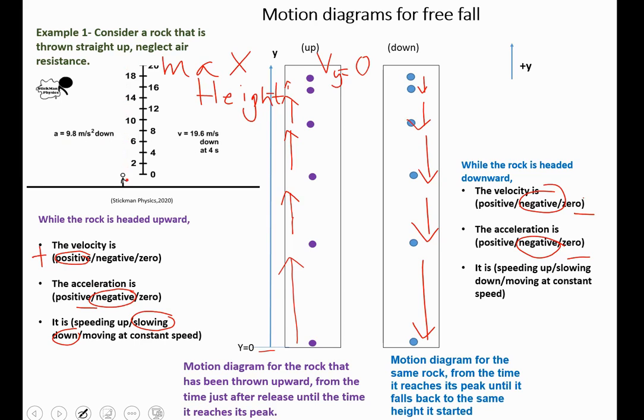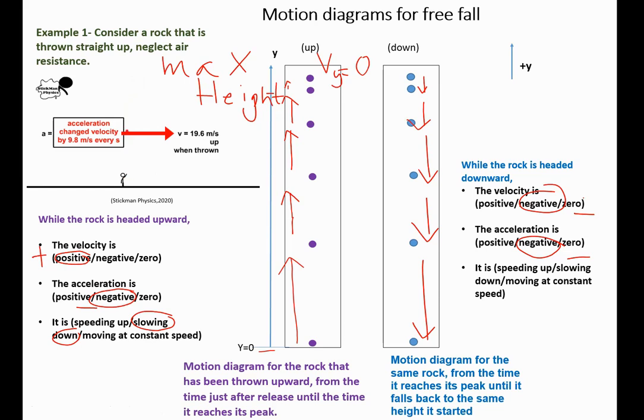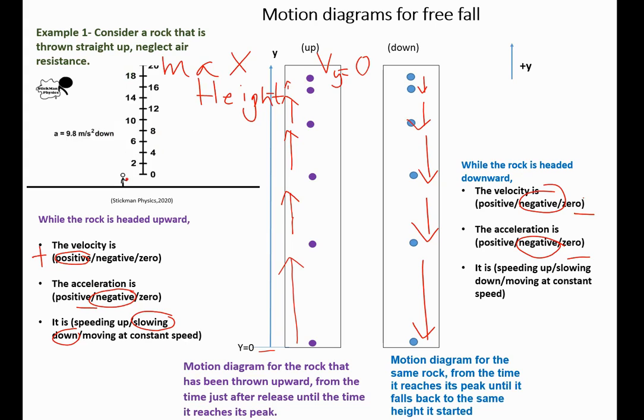Then let's compare the motion diagrams for upward and downward motion. Since gravity provides the same acceleration to the ball on the way up as on the way down, the time to reach maximum altitude is the same as the time to return to its launch position.